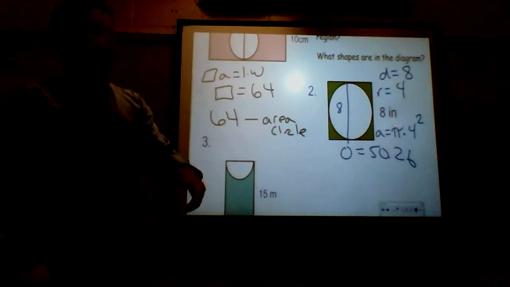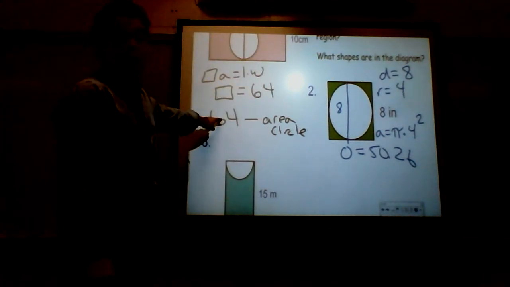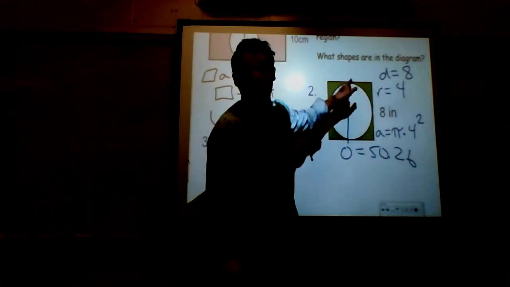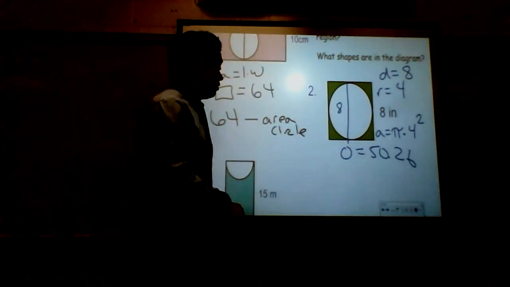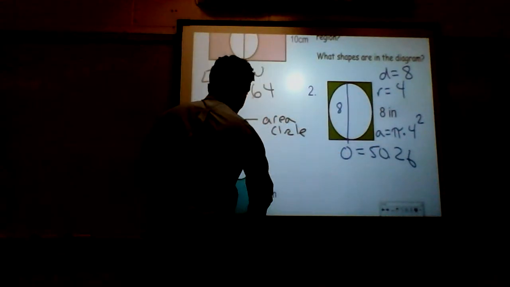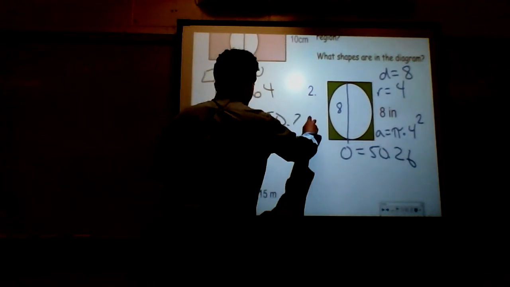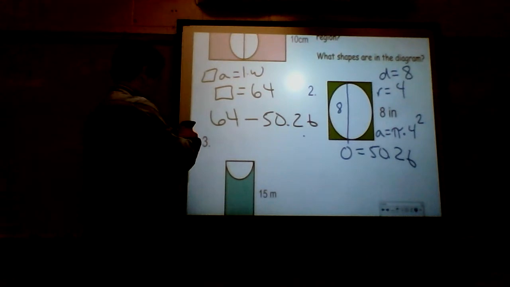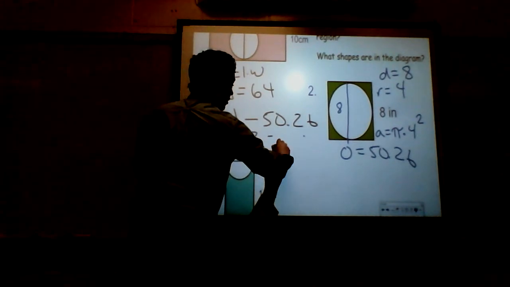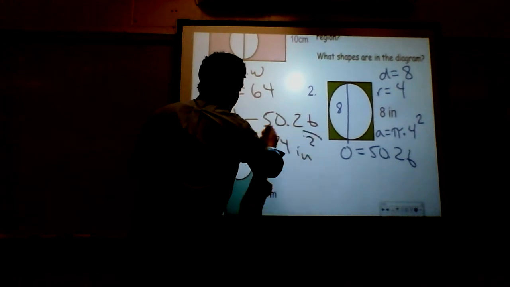To determine the area of the shaded region, I take the area of the entire thing, the whole outside, minus that part. So I do 64, and I take away 50.26, and I get a shaded area of 13.74 square inches.